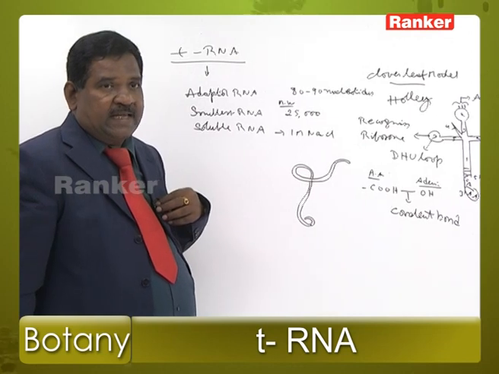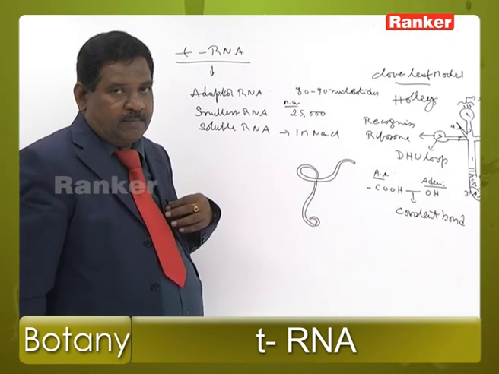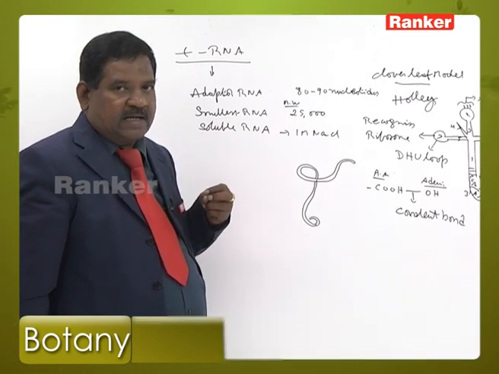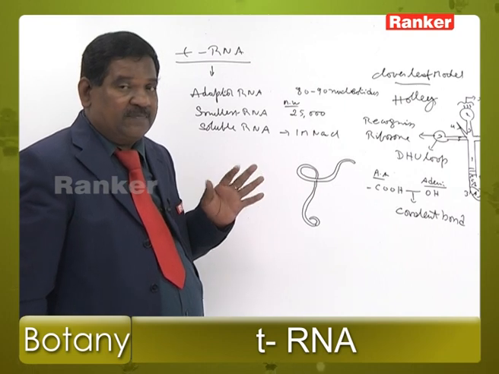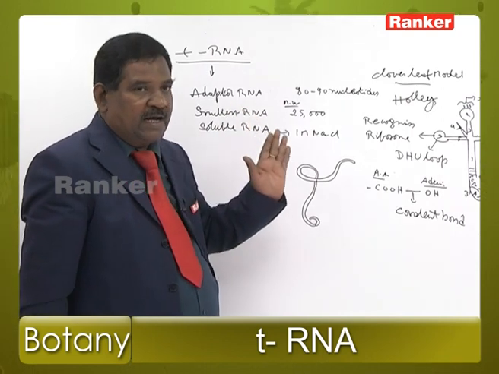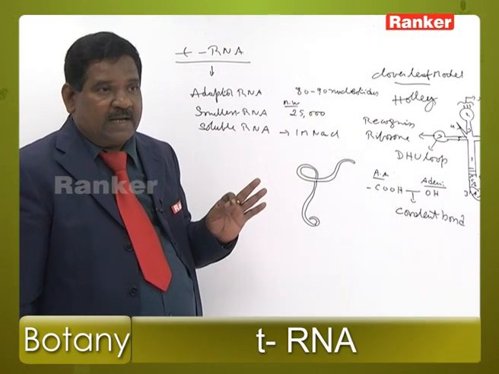One t-RNA carries one type of amino acid only. 20 types of amino acids are recognized by 61 types of sense codons. So the total types of t-RNAs involved in protein synthesis are 61 types.